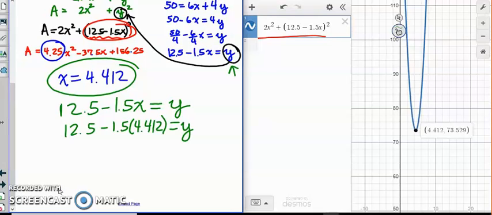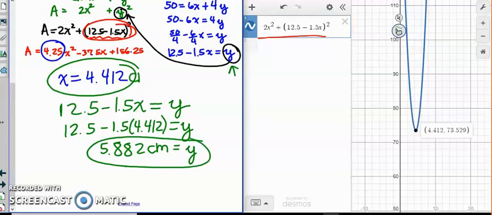All right, so when you put that in, you will get the value of 5.882 centimeters. So that's our y dimension. That's your x dimension there, your y dimension there.